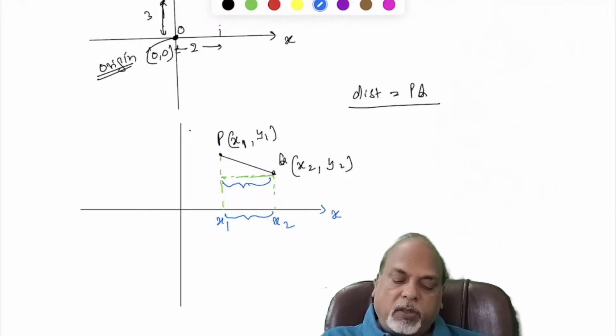This is your x and this is your y. Then naturally this distance is nothing but x2 minus x1.